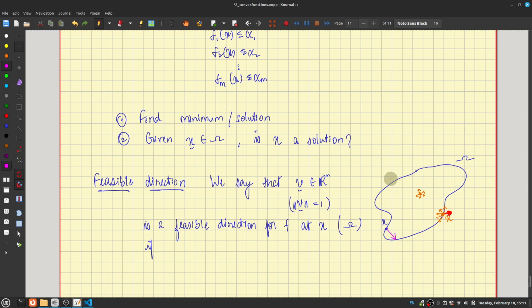So I'm not allowed to go arbitrarily far in a particular direction, but I should be able to travel some distance along that direction and still remain within omega. So for instance, this is a feasible direction for f at the point x, but this is not a feasible direction for f at x.